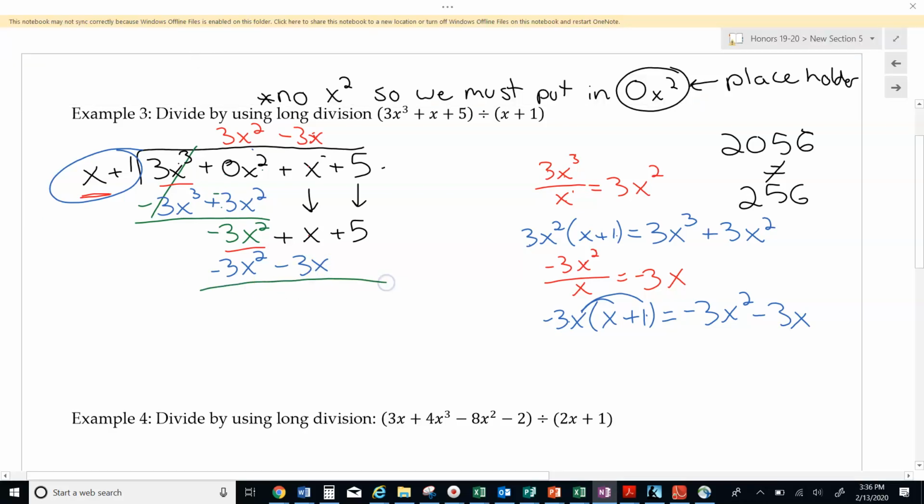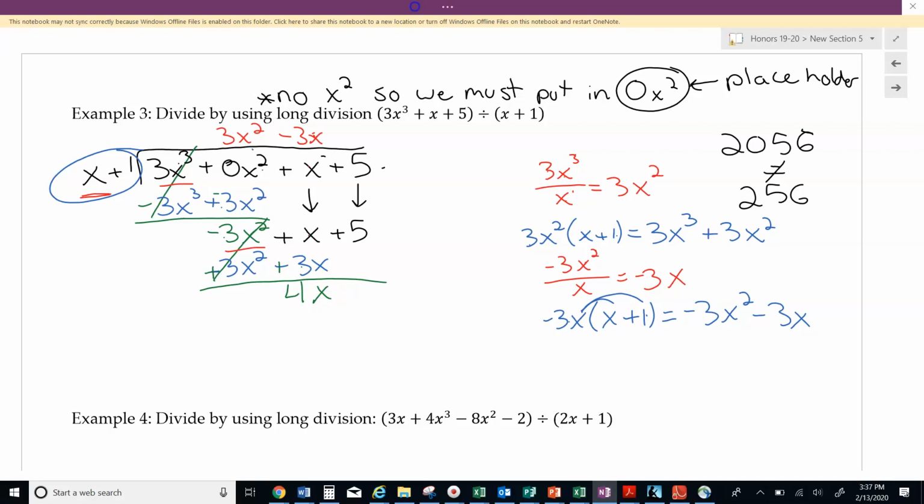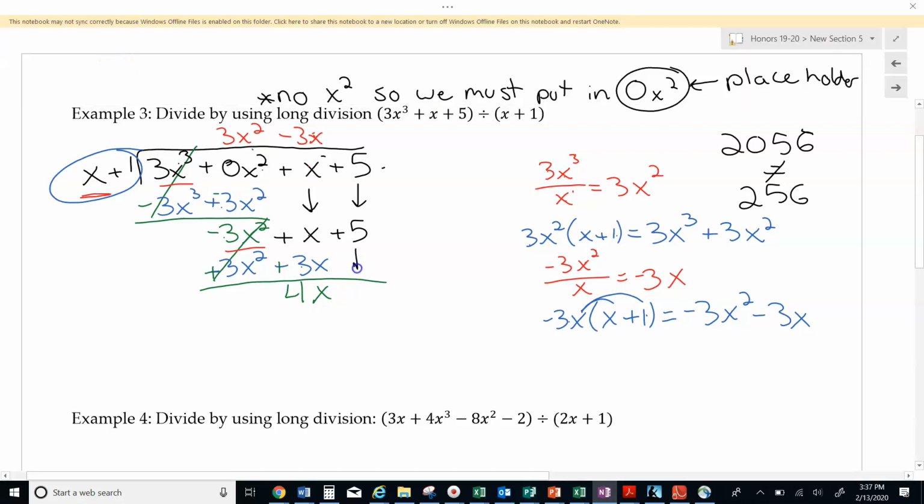Subtracting means changing signs. That changes to plus and plus. Negative 3x squared plus 3x squared cancels. X plus 3x is 4x. And then I'm going to bring down the 5. Divide. 4x divided by x.